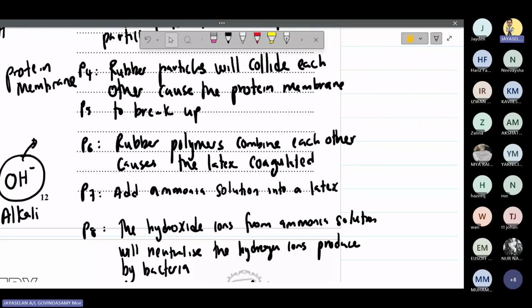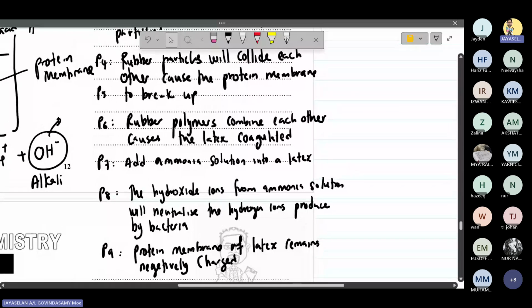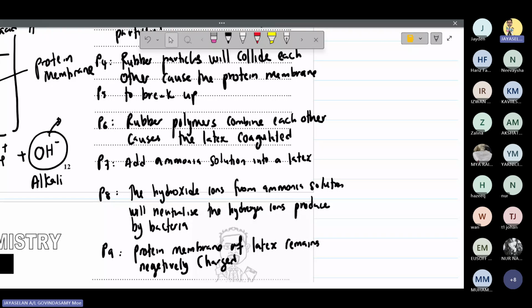No need to write long essays in the exam, just point form is enough. Points 4, 5, 6, 7, 8, 9. So you already score 8 marks there. Any question so far? Johan, any question? No, sir. Okay.